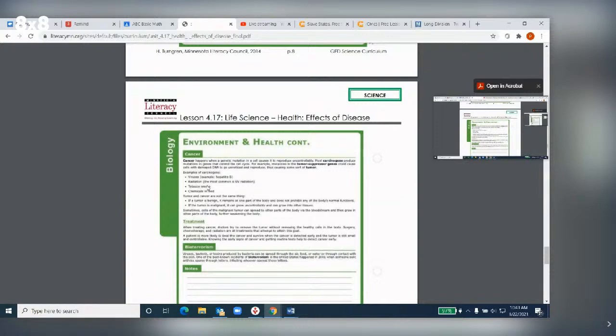So a couple things here. It talks about a tumor. A lot of people, when they get cancer, they get tumors, but not all tumors are necessarily bad. If a tumor is benign, it remains at one part of the body and does not prohibit the body's normal functions. But the bad tumors are malignant. It can grow uncontrollably.